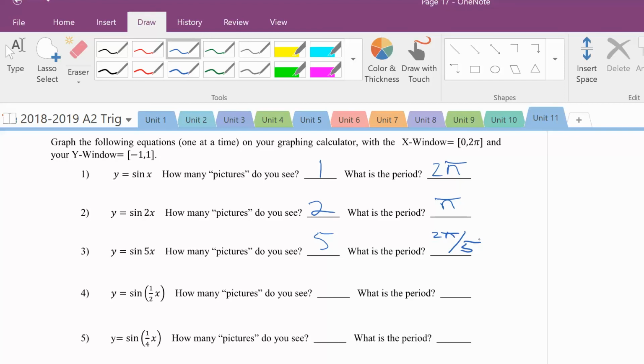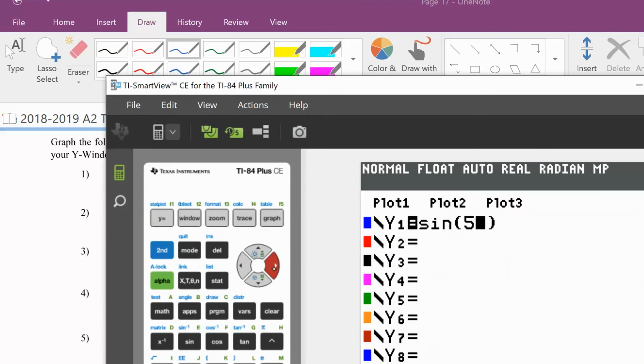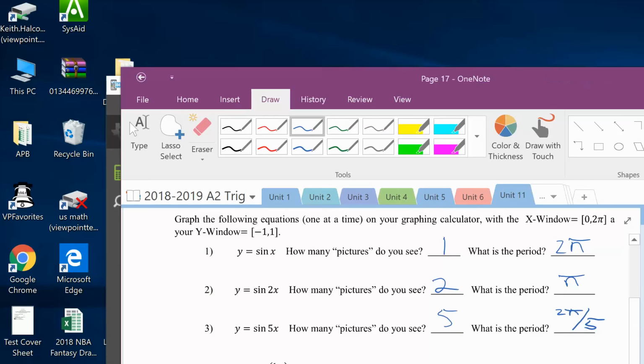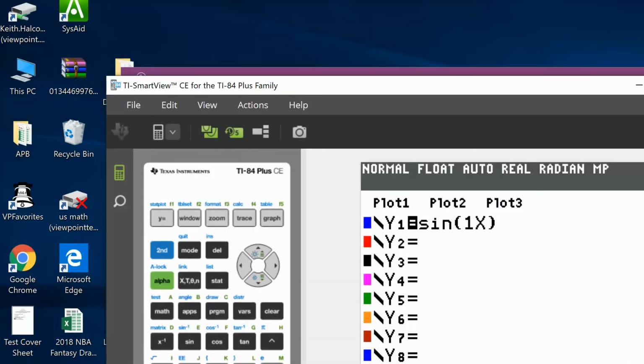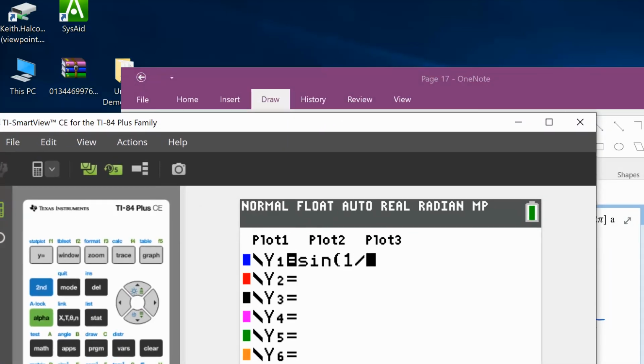So if you put a fraction in, like let's do 1/2, we have to go 1 divided by 2x. Sorry, let's get the calculator.